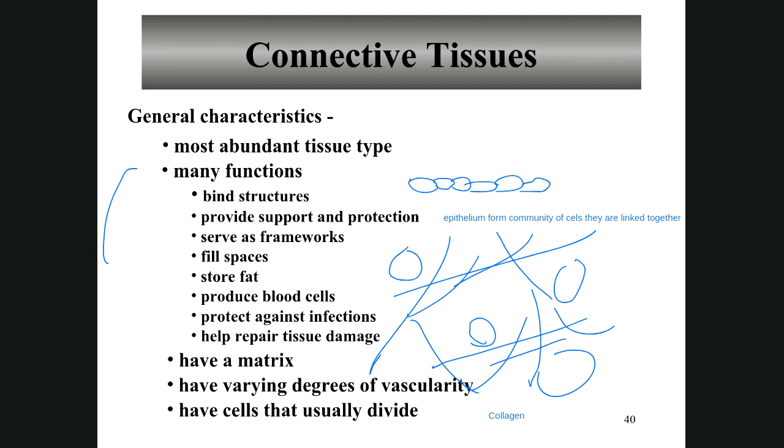All right, so a little bit of function about connective tissue. In terms of bone, they provide the framework. Adipose tissues fill up the space. Adipose stores fat. The three specialized connective tissues, that's an important one.